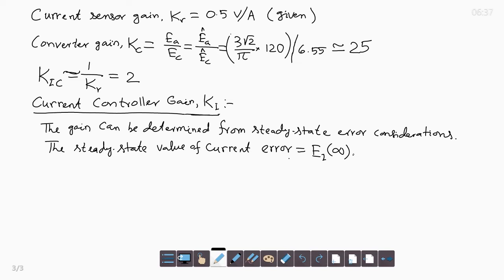In the block diagrams we have used this. So EI infinity is the steady state current error, and mathematically EI infinity is 1 upon 1 plus GS into HS for the current loop at S equals to 0. GS and HS are the feed forward and feedback gains for the current loop, and we take S equal to 0. So this is the EI infinity.